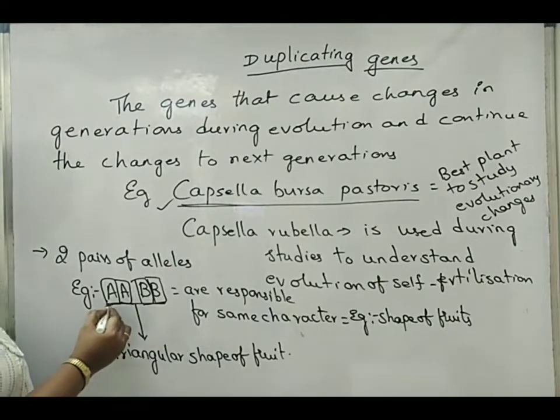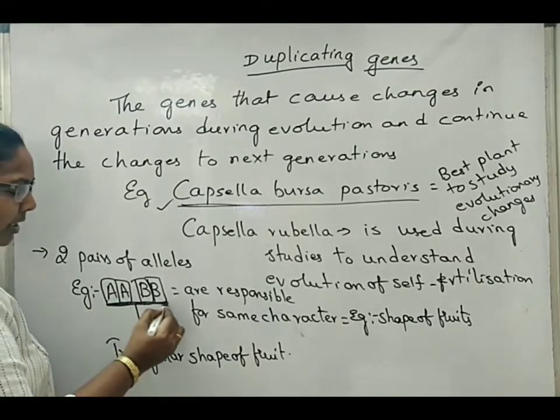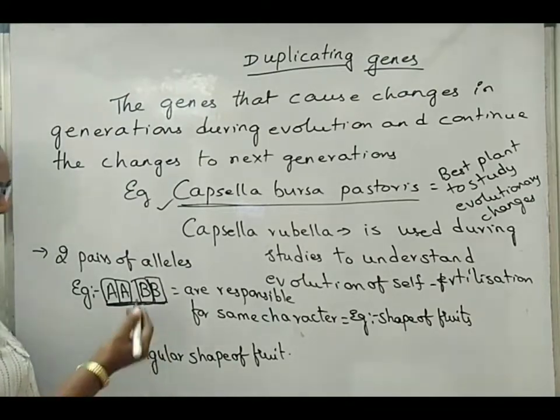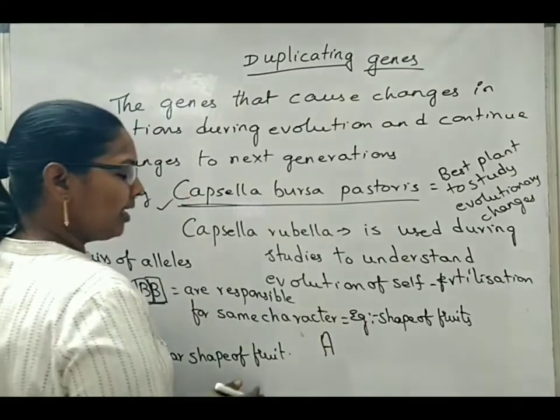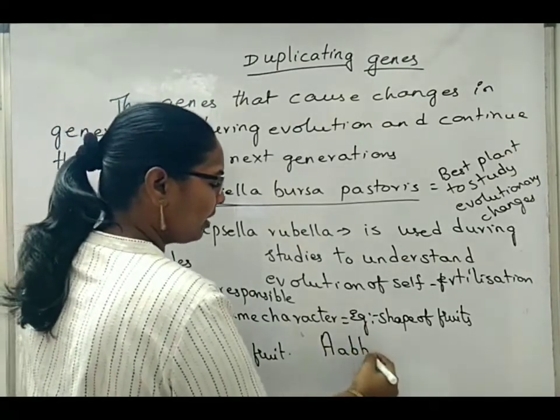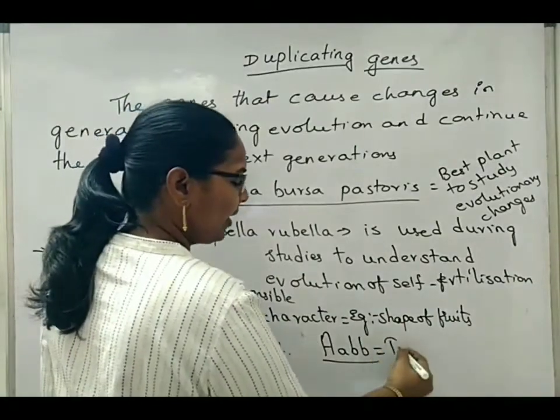It means they are responsible for triangular shape of the fruit in all these combinations, or if one dominant allele is present and all the remaining alleles are recessive, then also the shape of the fruit will be triangular.